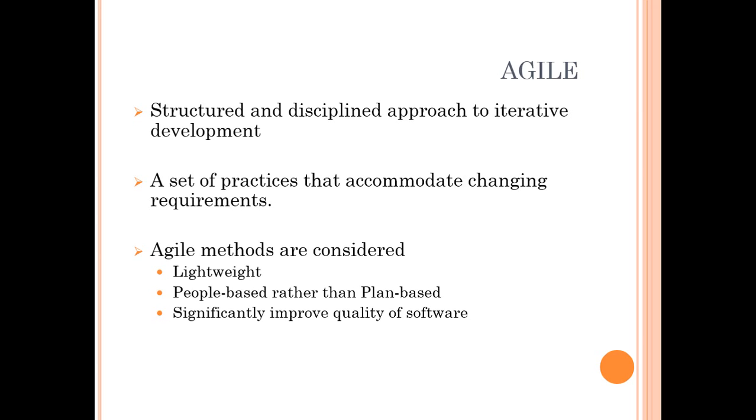So it is a set of practices that accommodate changing requirements. Now we have shortened our release cycle. So we don't have to plan for 9 months to 1 year, right? We just have to worry about a 1 month or 2 week iteration or sprint. Now planning is much easier because planning for 2 or 3 weeks is quite simple, and planning only a handful of priority requirements is quite easy.